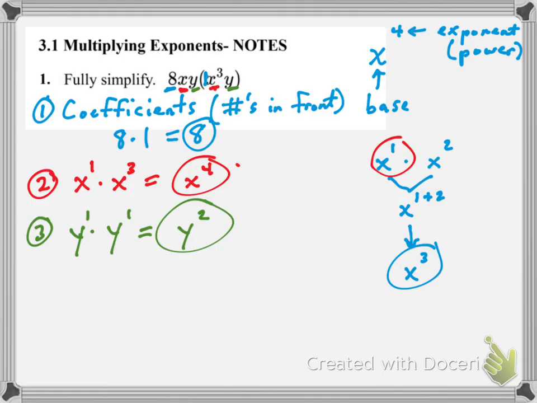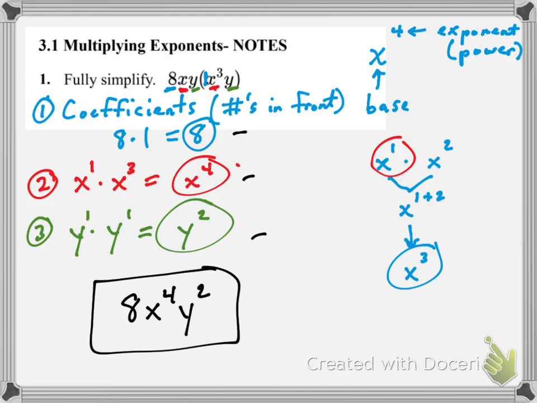Now, here's what that means. My final answer, I'm going to take each of these and put them together. 8, x to the fourth, y to the second. That's my answer. So, just do it in parts. If you do it in parts, it's going to be pretty easy.